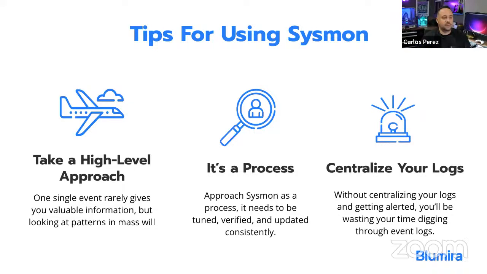So when it comes to detecting behaviors, I see it in two different ways. One is that you learn your environment and how different parts of your environment behave, and then you look for the outliers. The other is that there are specific attacks that are going to have a specific chain of events.